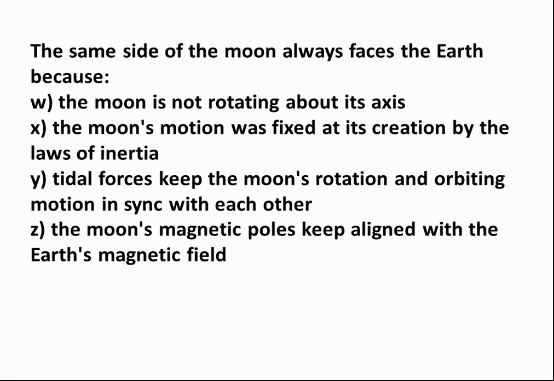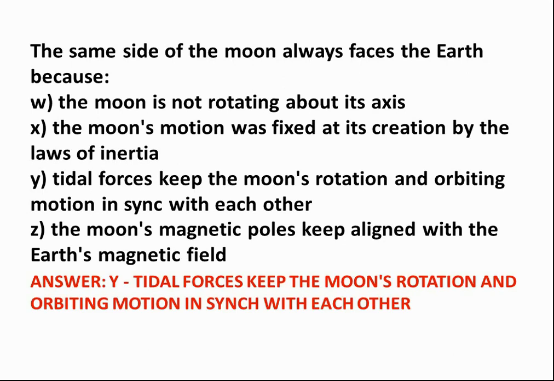X. The Moon's motion was fixed at its creation by the laws of inertia. Y. Tidal forces keep the Moon's rotation and orbiting motion in sync with each other. Z. The Moon's magnetic poles keep aligned with the Earth's magnetic field. Answer: Y. Tidal forces keep the Moon's rotation and orbiting motion in sync with each other.